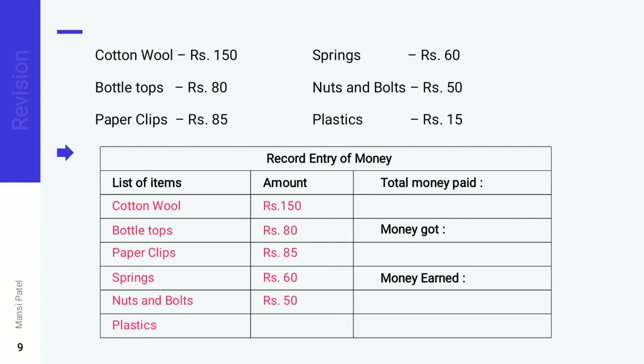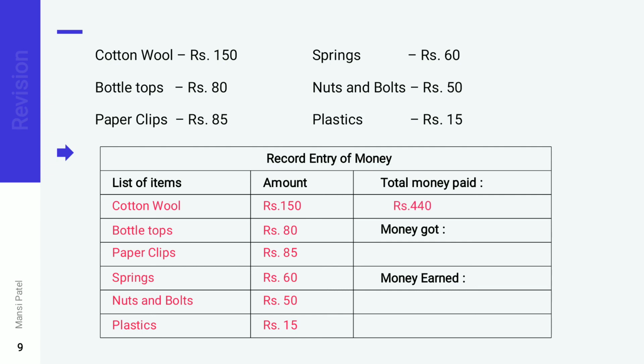Plastic 15 rupees. Now this is the amount which she paid. Now add all the numbers: 150 plus 80 plus 85 plus 60 plus 50 plus 15. So the total of all these six amounts is rupees 440.